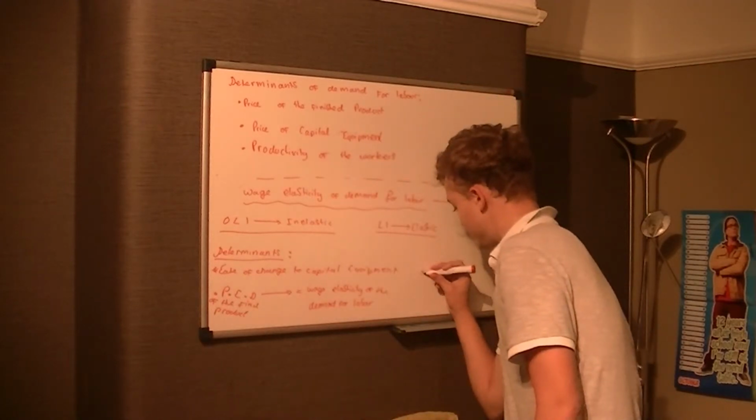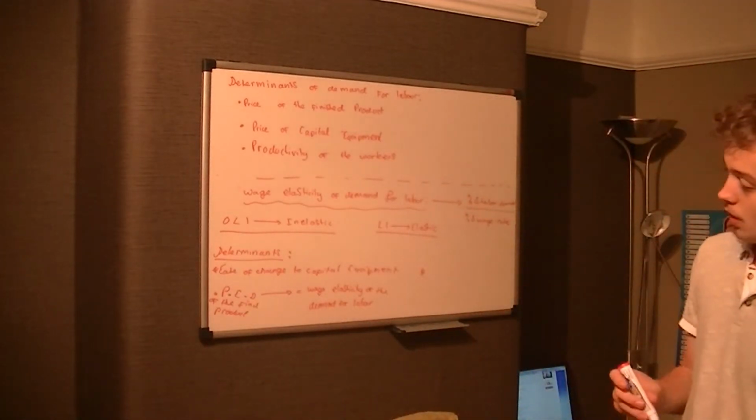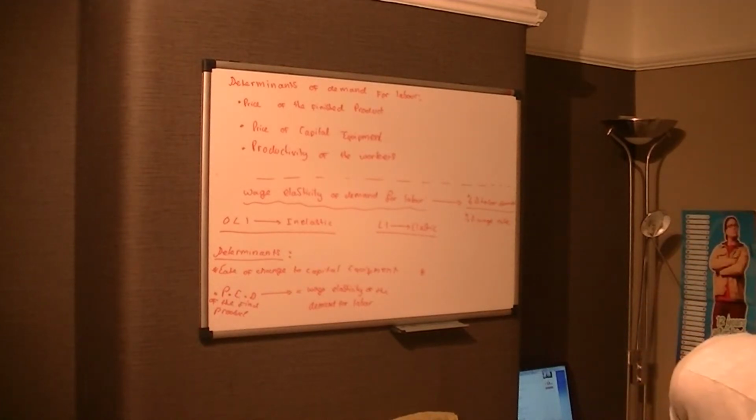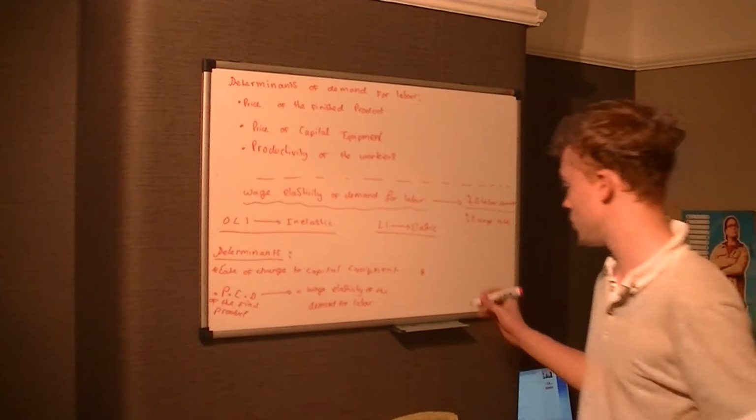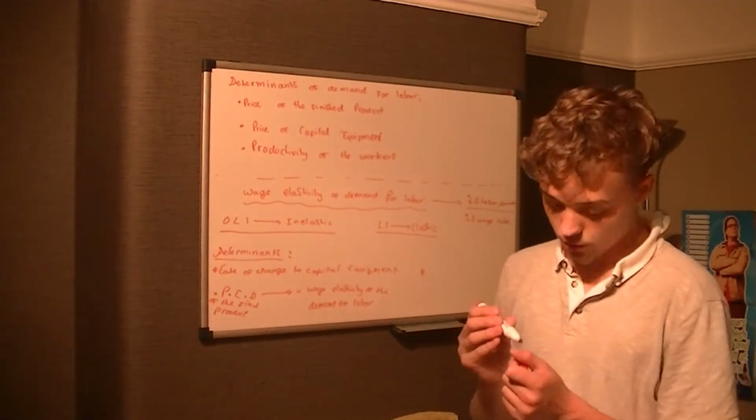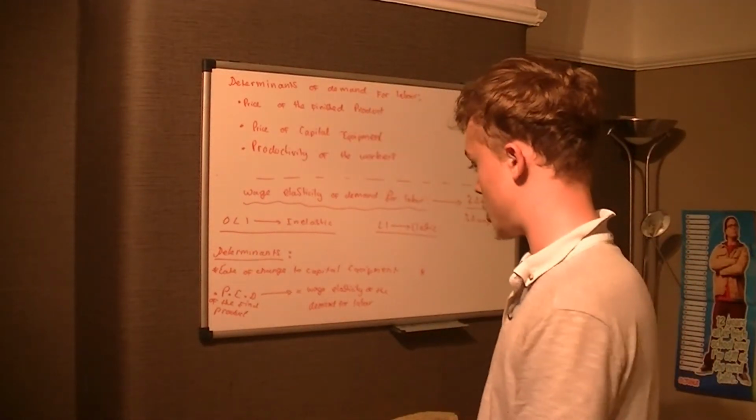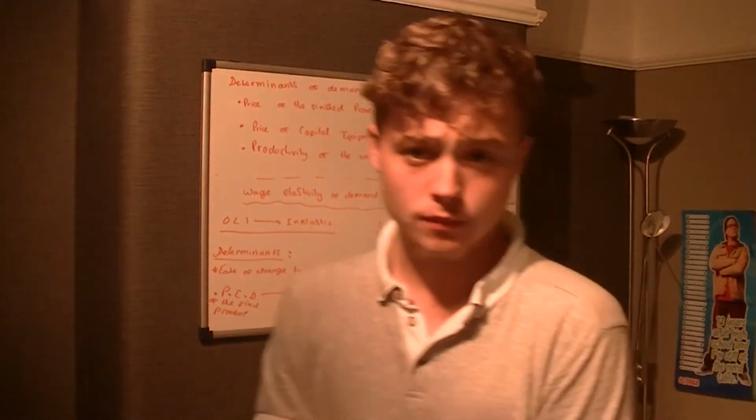Another determinant is the proportion of the total cost made up by labour. Now, this goes back to the ease of change to capital equipment. Some firms are very capital intensive and some firms are more labour intensive. And what do we mean by those two variations?